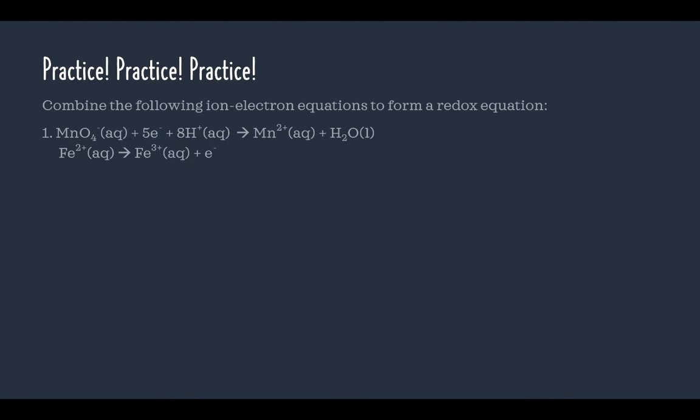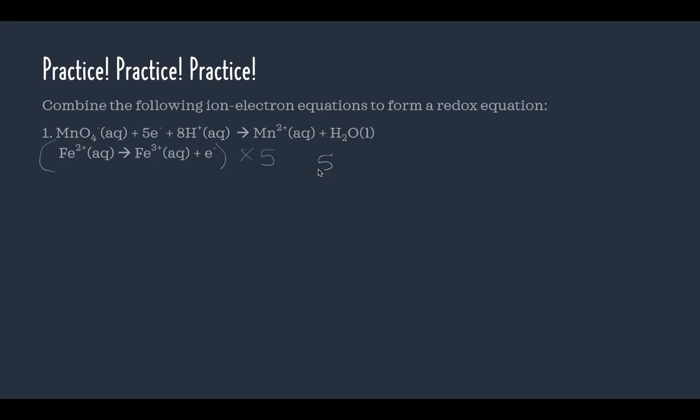Our final one, slightly trickier from the looks of things, but we do the exact same thing again. We want to cancel out our electrons on both our reduction and our oxidation equations. So in my reduction reaction, I have 5 electrons. They are on the left-hand side of the arrow. And in my oxidation equation, I have 1 electron on the right-hand side of the arrow. So I'm going to take this entire equation and multiply by 5.